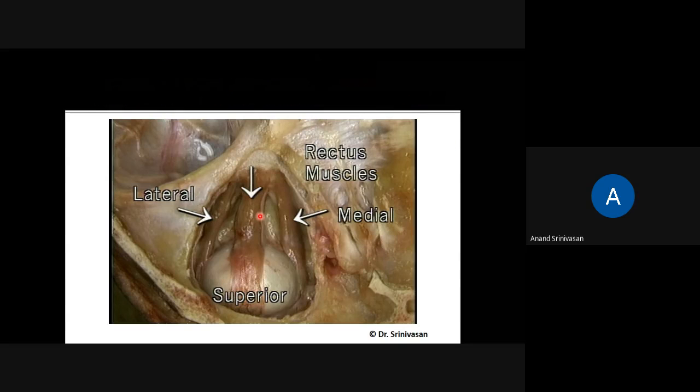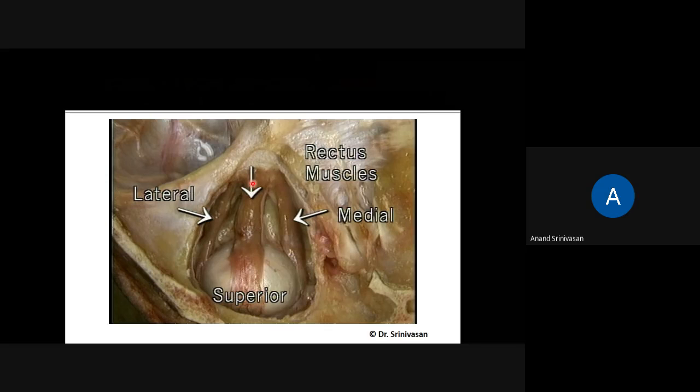Now here you can see from above, the skull is removed and the brain is also removed, and they made an opening on the top of the eyeball. This is the eyeball, and here you can see a straight muscle called the superior rectus.